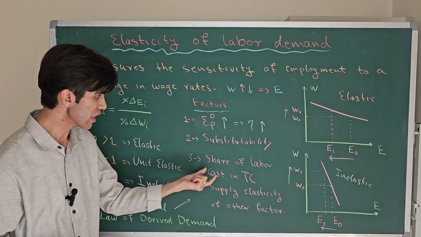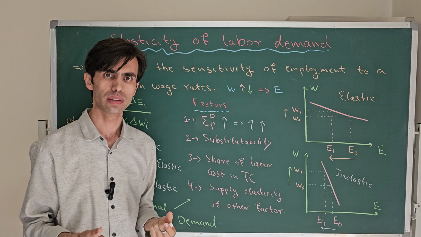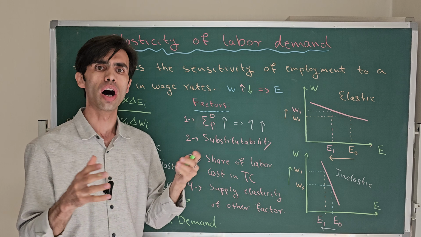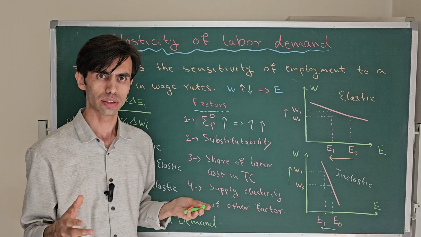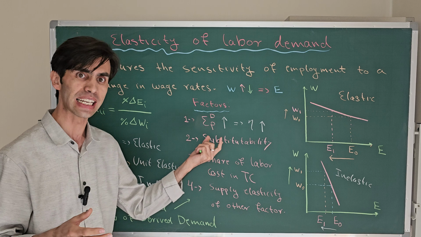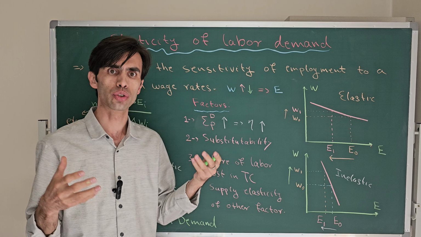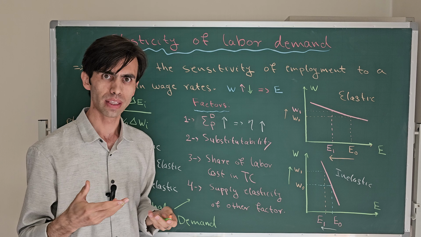The third factor is the share of labor cost in the overall total cost. When the share of labor cost is high, it means that when the wage level increases, the total cost will increase by a high portion.